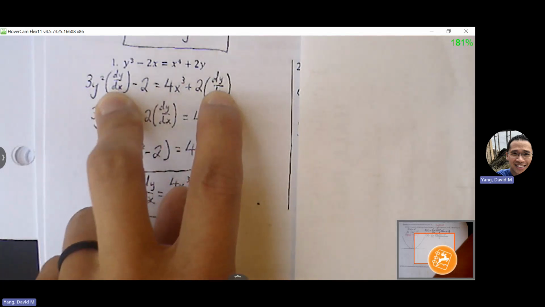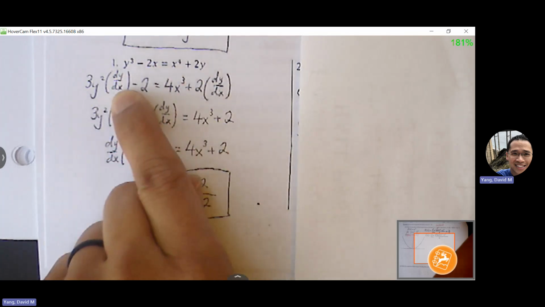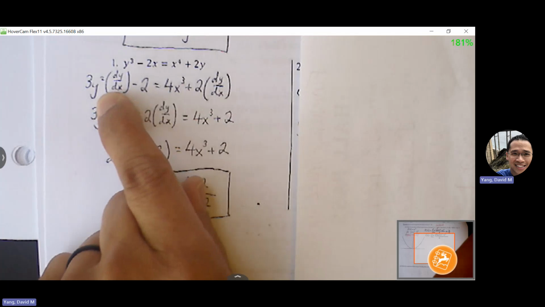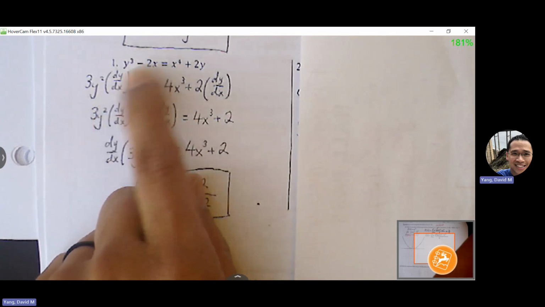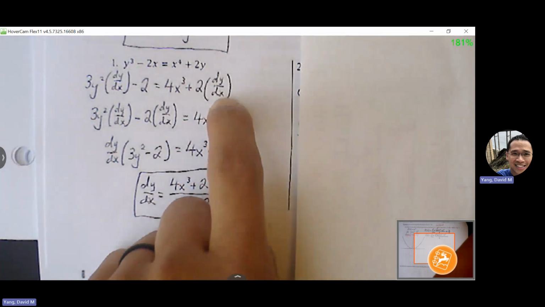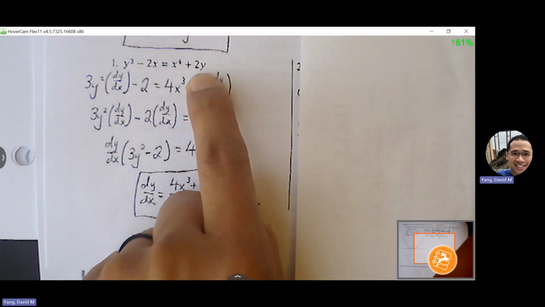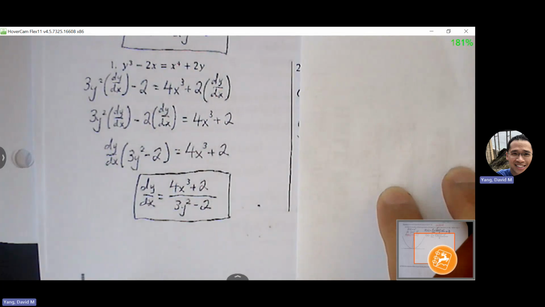I think sometimes the mistake that I see with implicit is students would include dy dx whenever there's a y left over in the derivative, which is not always the case, right? Because there's two y, the y disappears, but we still need a dy dx because we're beginning with y. If you're beginning with y and you're asking for y's derivative, you need to include that dy dx. Okay, everybody good with one?